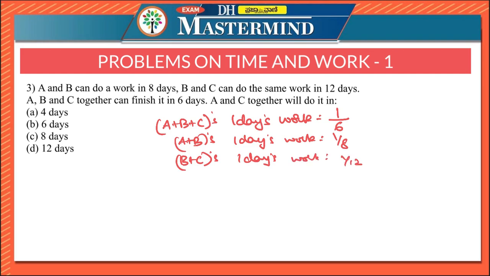What are they asking? A and C together will do it in? So we have to find out A plus C's 1 day's work, which is not known.